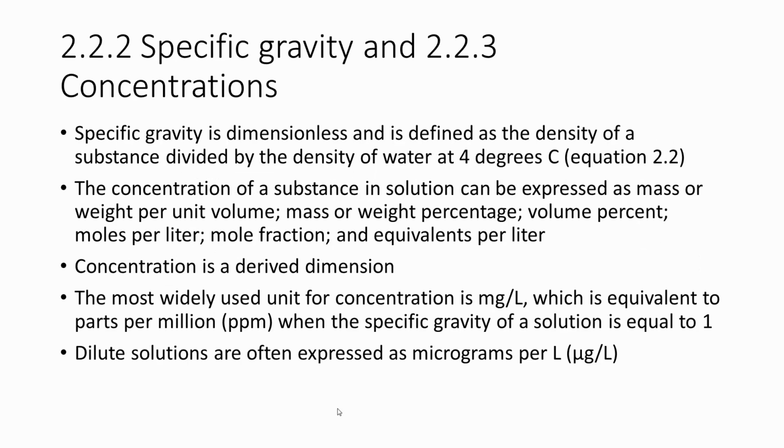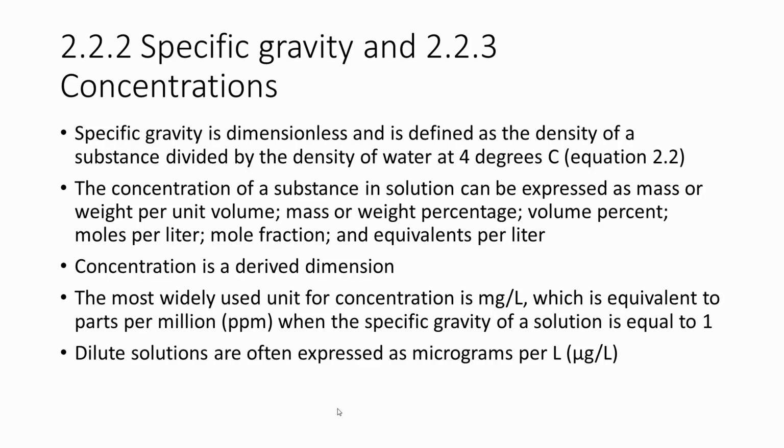2.2.2 Specific gravity and 2.2.3 Concentrations. Specific gravity is dimensionless and is defined as the density of a substance divided by the density of water at 4 degrees Celsius, as shown in equation 2.2. The concentration of a substance in solution can be expressed as mass or weight per unit volume, mass or weight percentage, volume percent, moles per liter, mole fraction, and equivalents per liter.